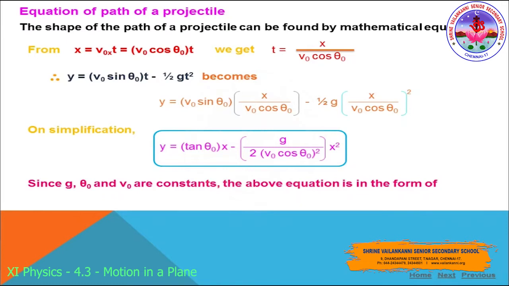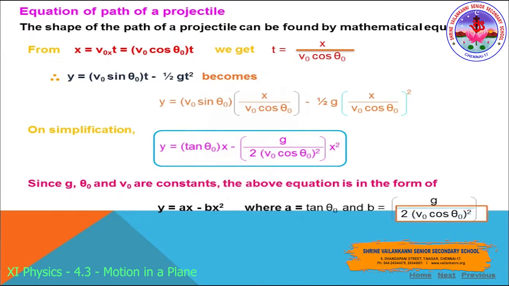We can write this equation as y equal to a x minus b x squared, where a and b are constants: a is tan theta, and b is g by 2 into V naught cos theta squared.